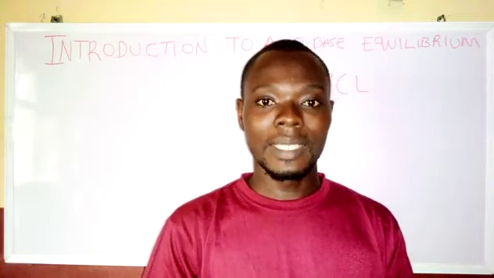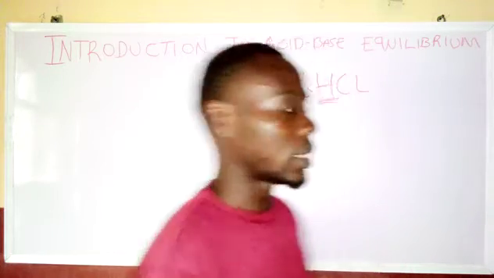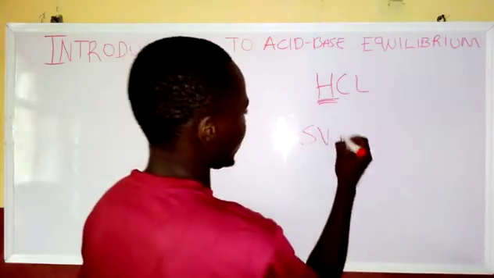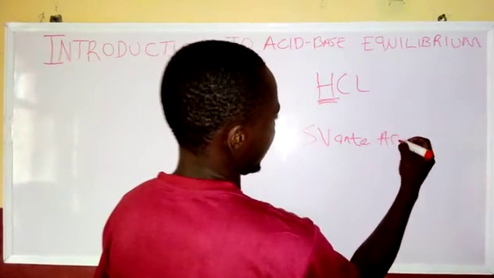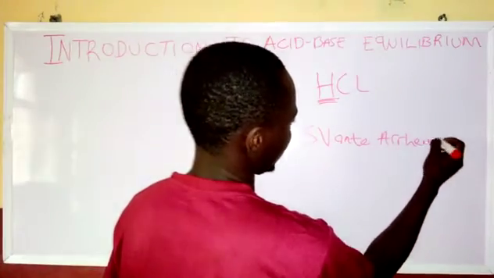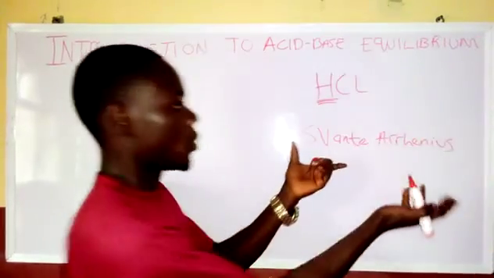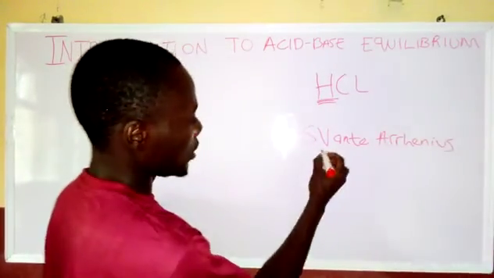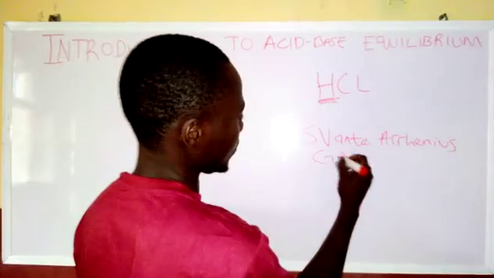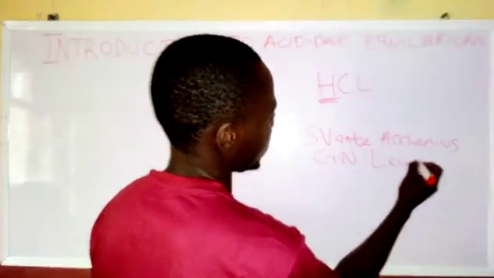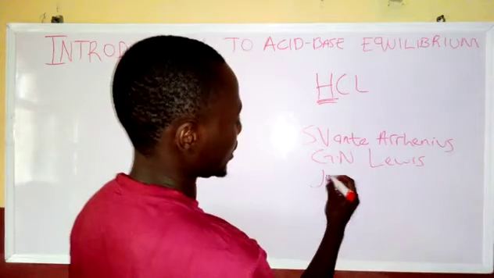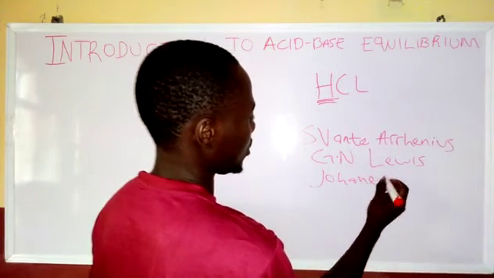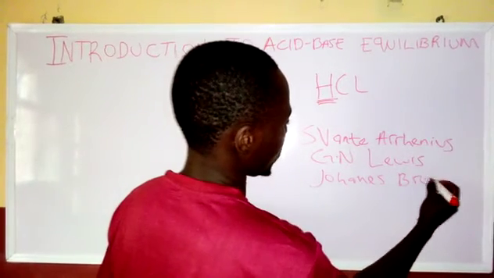One of such scientists is Svante Arrhenius. He proposed his own theory. Another one is G.N. Lewis. Another one is Johannes Bronsted.